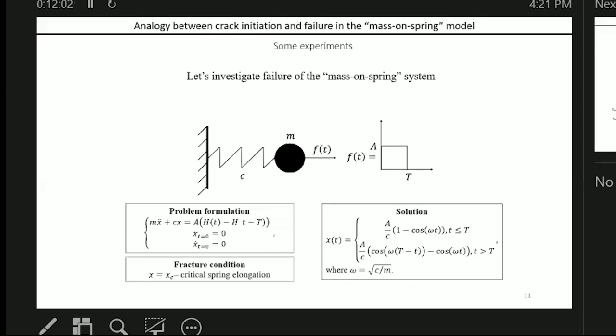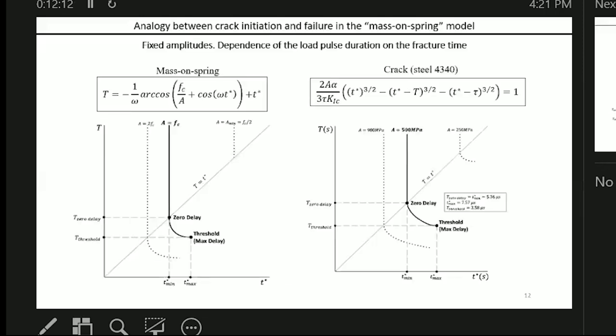For this problem, of course, we can have an analytical solution. We apply this type of load to our mass, and we construct the same dependencies as we just did for the crack. Here we construct the dependence of the pulse duration on the fracture time, and the same thing for the oscillator, for the mass on a spring model.